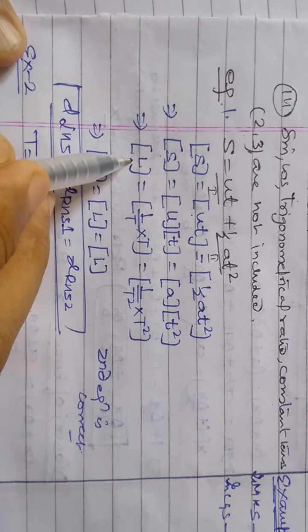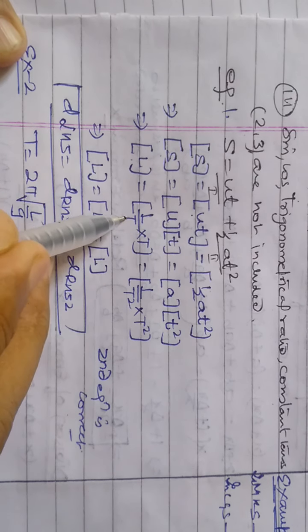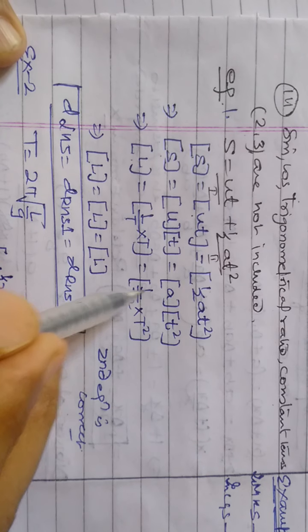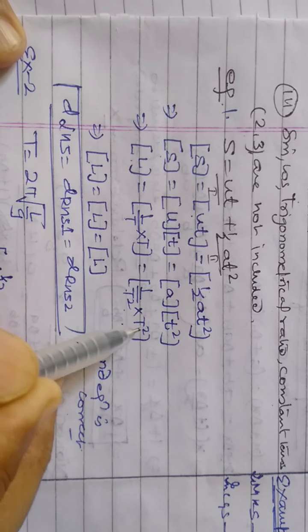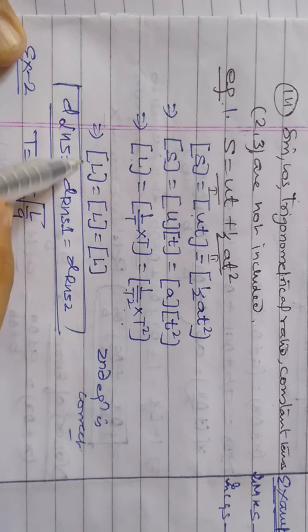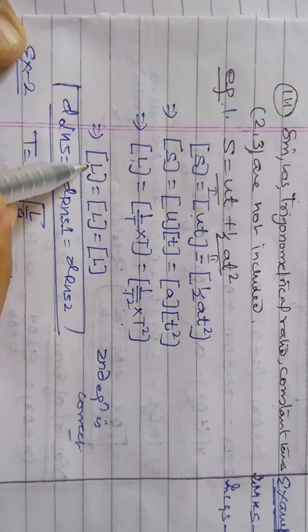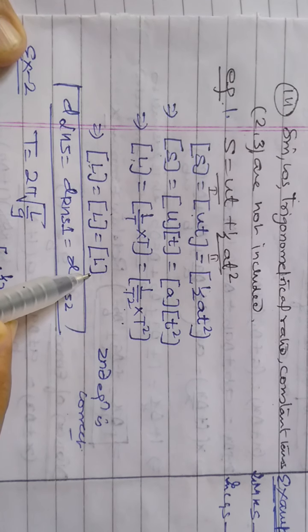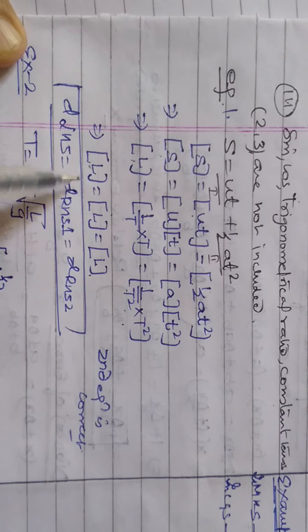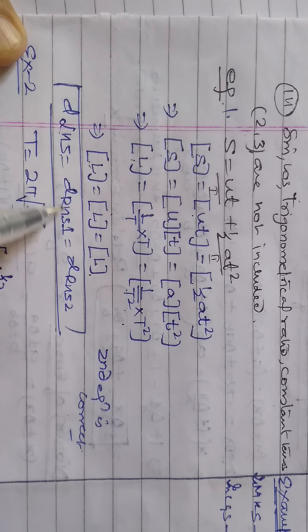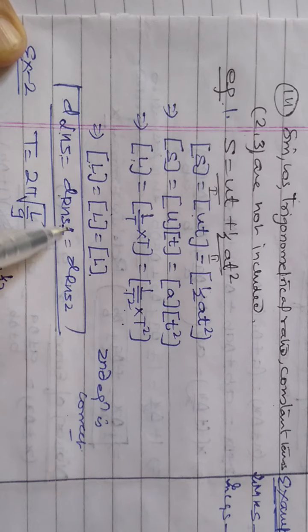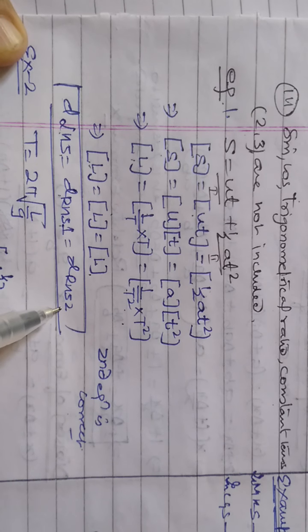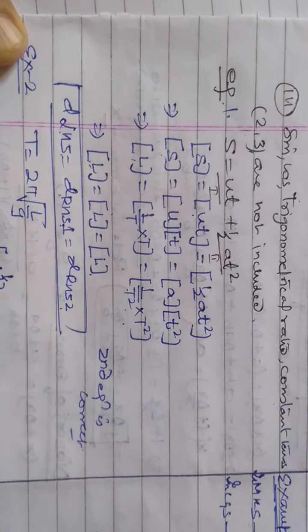Now L will remain L, u is L upon T and T is there, and a is L upon T square into T square is there. All will cancel out. What remains? L, L and L again. Because dimensions of the left hand side are equal to dimensions of the right hand side first part, equal to the right hand side second part, the second equation is correct.